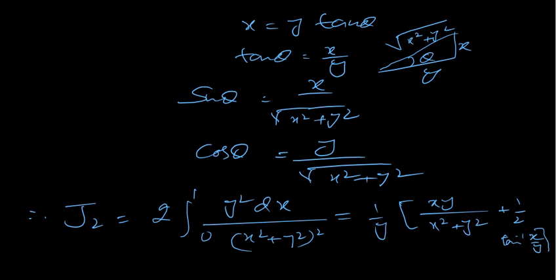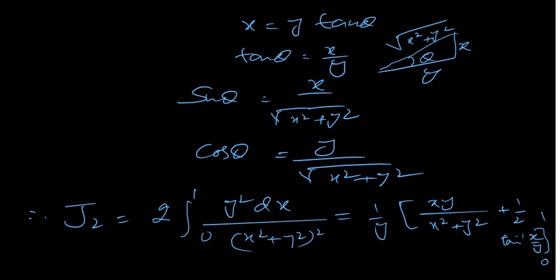Okay, then I can choose the limits 0 and 1, because the variable is now x and y. I have converted the variable theta again into x and y. Now apply this limit here. When I use the limit 1, because y is treated as constant and the limit is over x, it will be y divided by 1 plus y square.